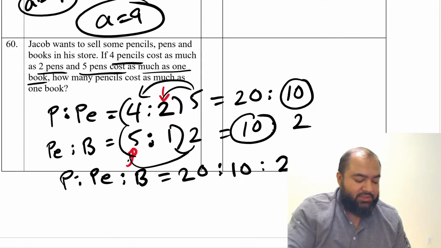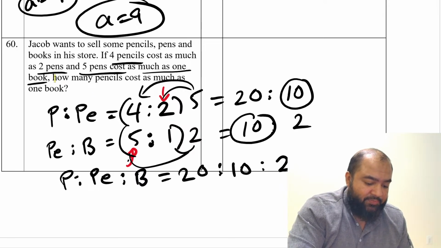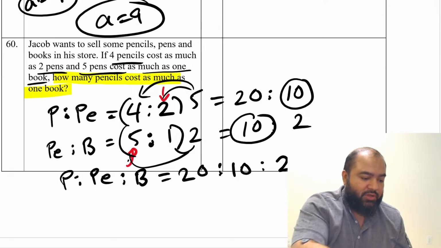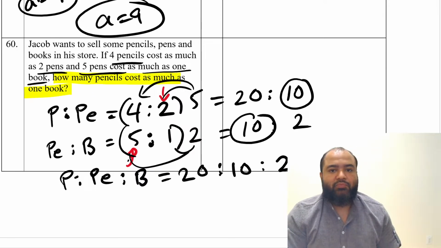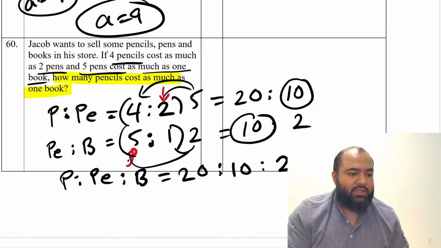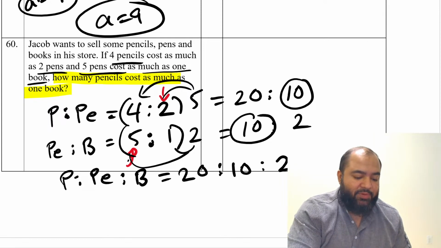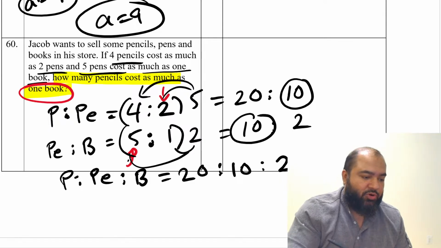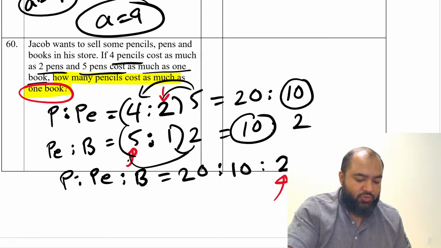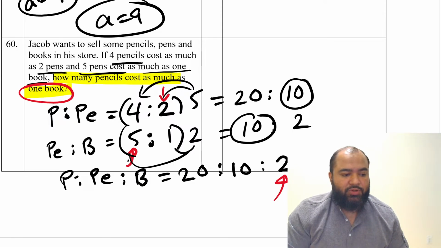Now what is the question asking? How many pencils cost as much as 1 book? Now what can we do? Someone tell me on the chat. We want to find out how many pencils cost as much as only 1 book. Here we have 2 books. What do we do? Anyone?